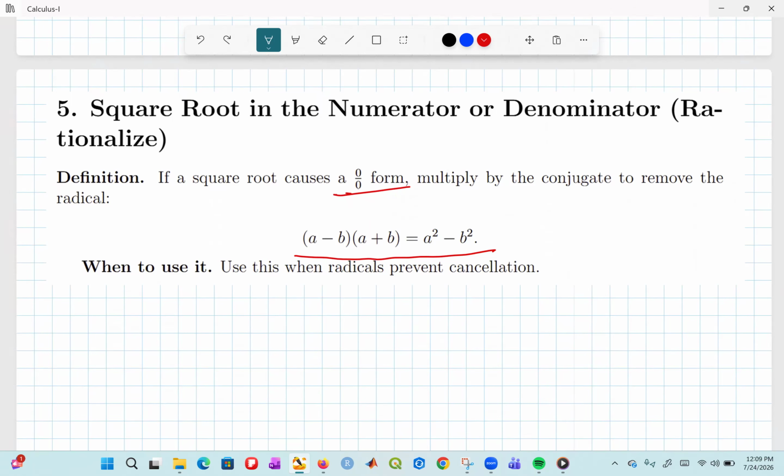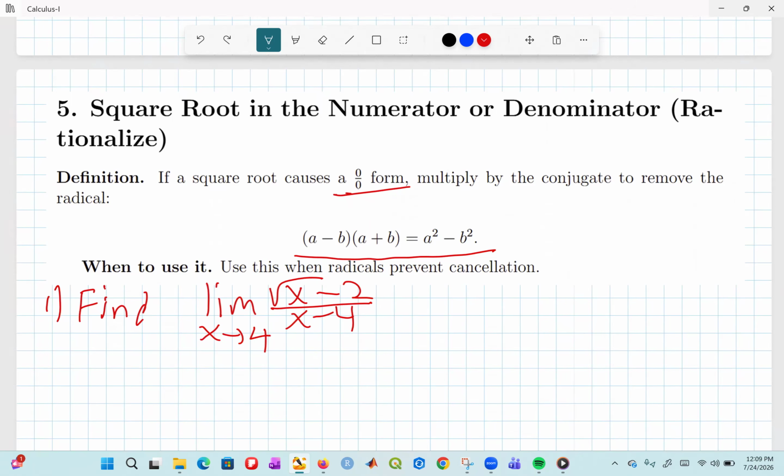Let me show using examples again. Example 1. Find the limit of square root of x minus 2 over x minus 4 as x goes to 4.